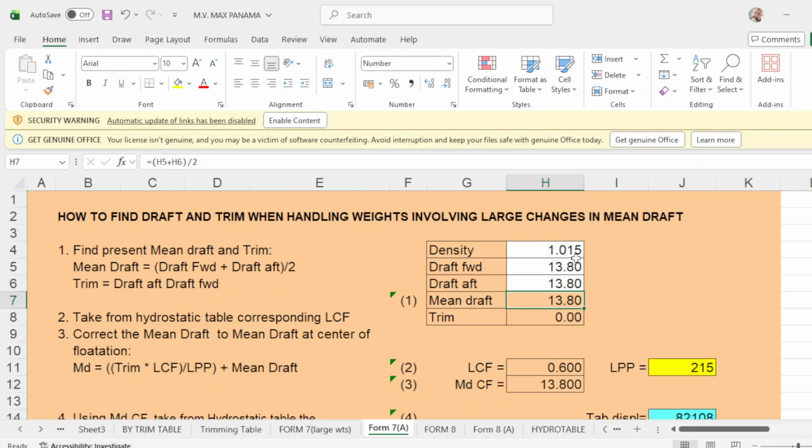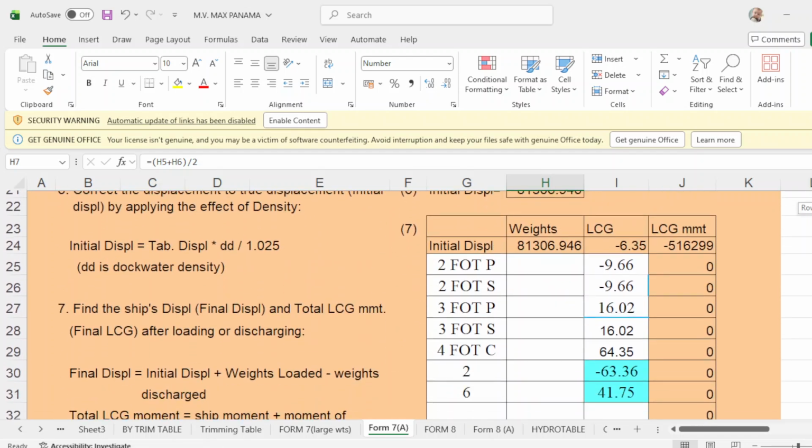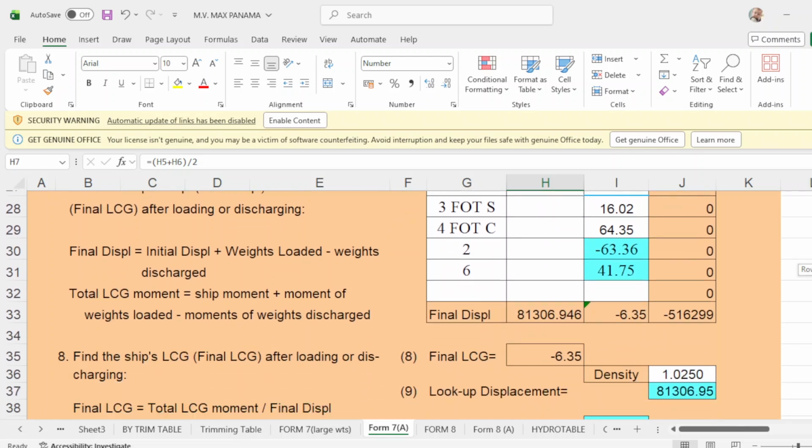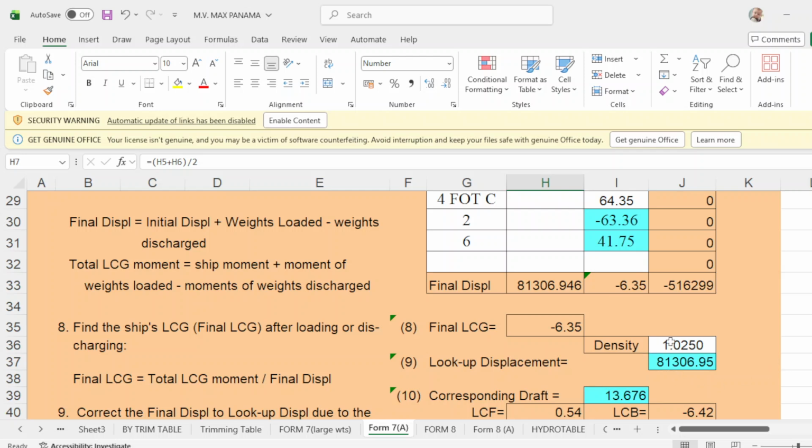And this will be your arrival density at berth. And you don't add or discharge cargo. So at sea, what will be your draft? So you put at sea 1.025, which is salt water.